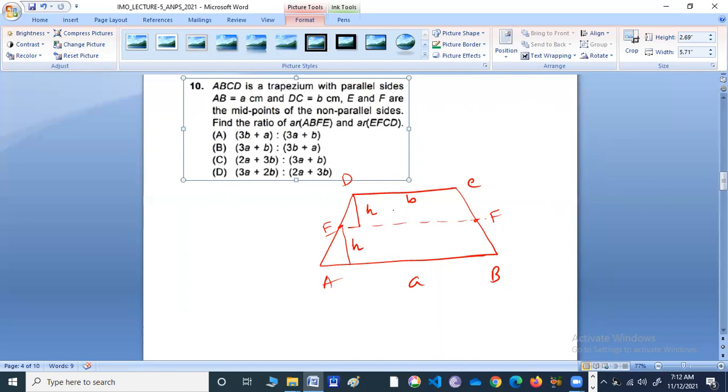Okay. So since E and F are the midpoints, then it will be half of them. Therefore, EF would be half of A plus B.